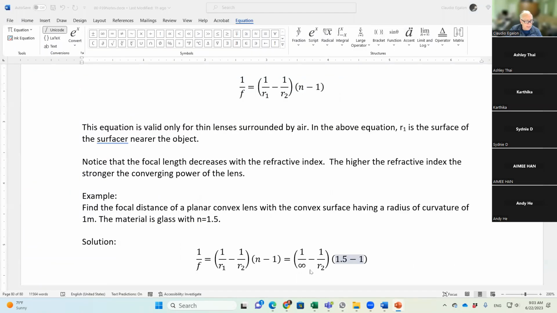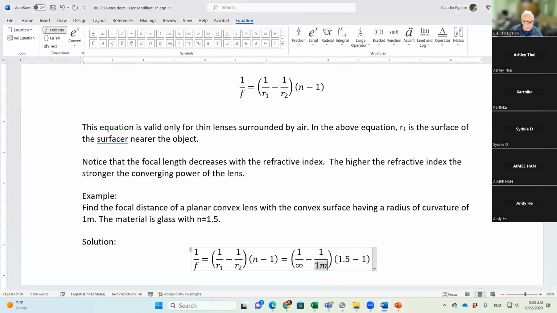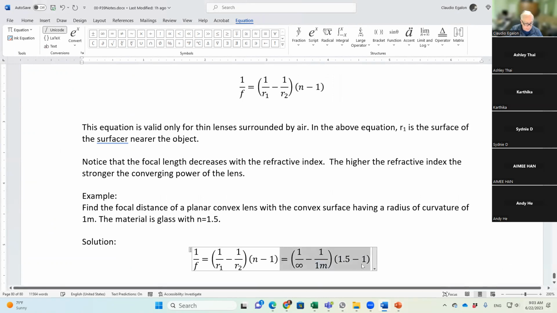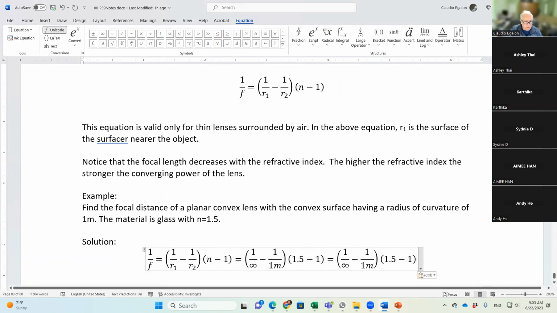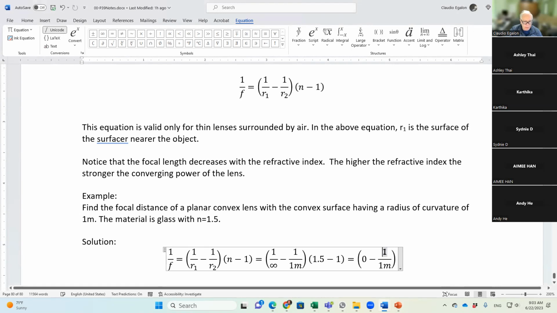And I'm getting here 1 meter, right? And this term here goes to 0. This term here is 0.5. And we're going to get 0.5 divided by 1 meter.